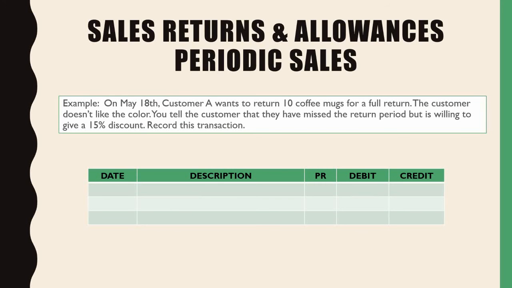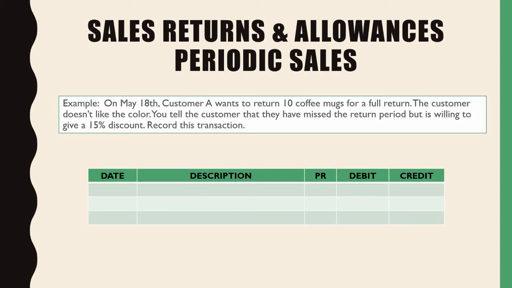Now, let's talk about a different scenario. What if on May 15, in a separate scenario, customer A wants to return 10 of those coffee mugs because the customer actually doesn't like the color that they bought.